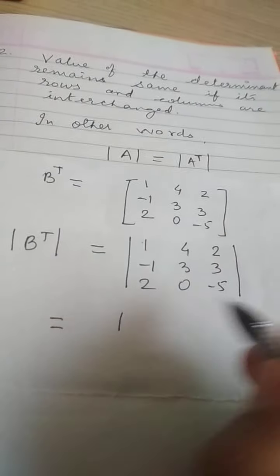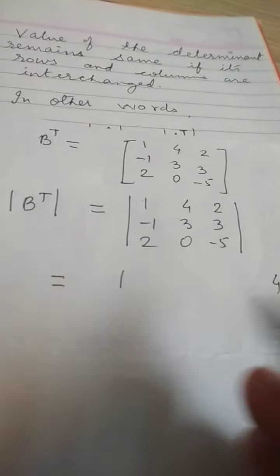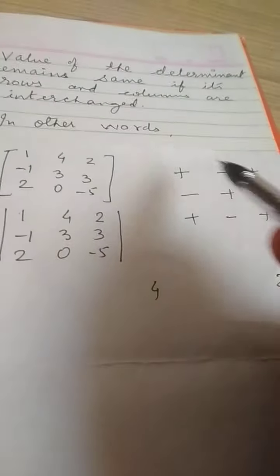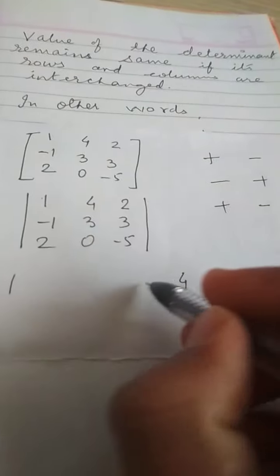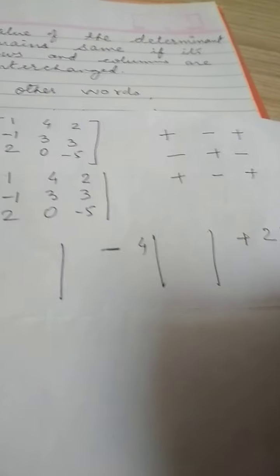So first I'll write all the elements 1, 4, then 2. I'll supply the location elements. What is that location element? Location sign: plus minus plus minus plus minus plus minus plus. So for the first row we have plus, then here it will be minus, then here plus. Then I will supply the minor determinants.